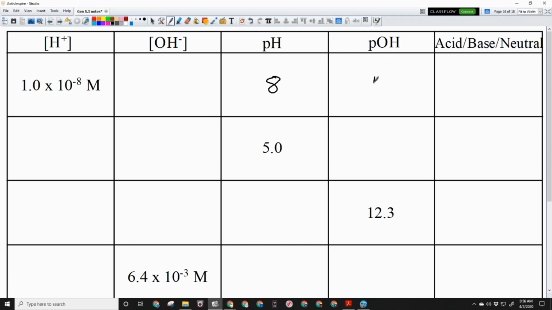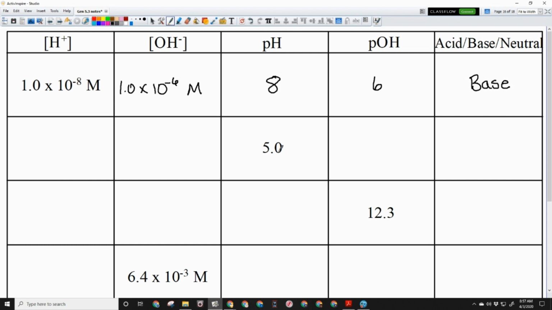So this is going to be 6, because 6 plus 8 is 14. And if pOH is 6, we get 1.0 times 10 to the negative 6th molar. Now we can decide if this is an acid, base, or neutral. Well, it's a pH of 8, so it's going to be basic because it's higher than 7.